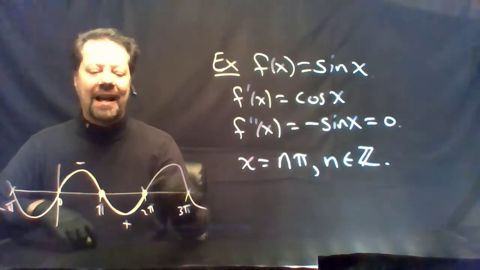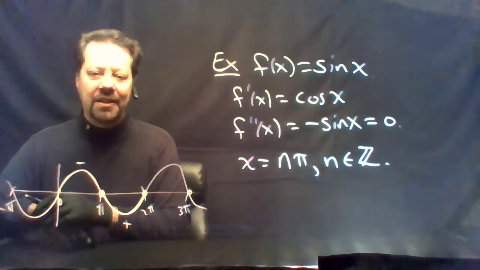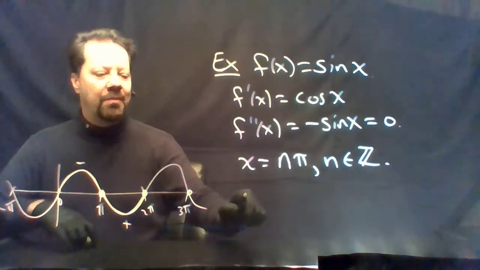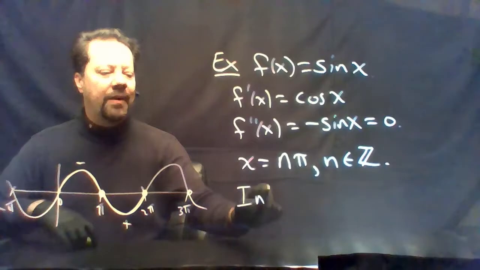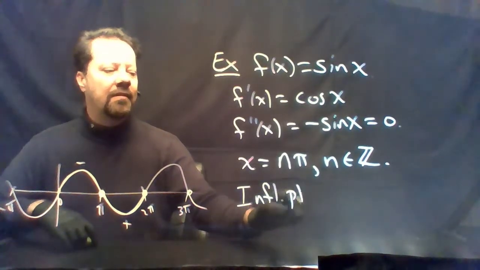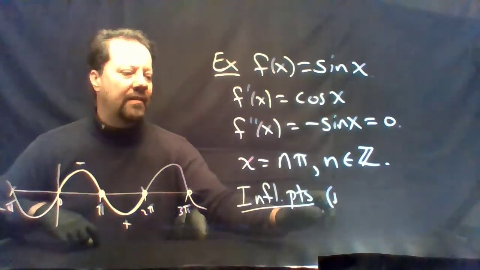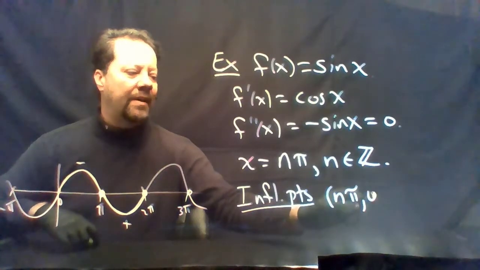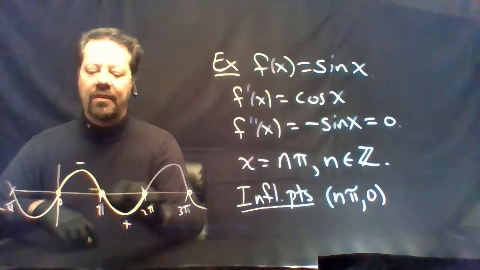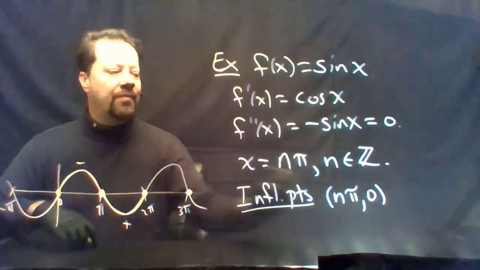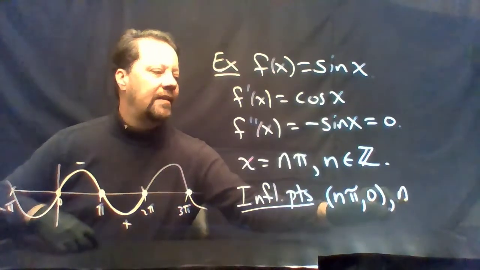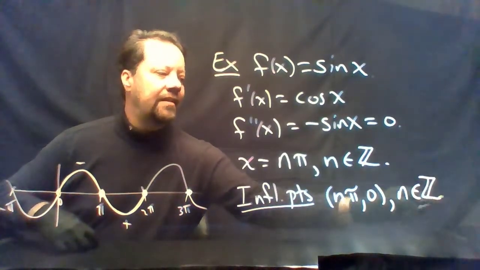The concavity will actually change at each of these possible inflection points. The inflection points are then n pi, comma, 0, the y-coordinates are all 0, where n is an element of the set of integers.